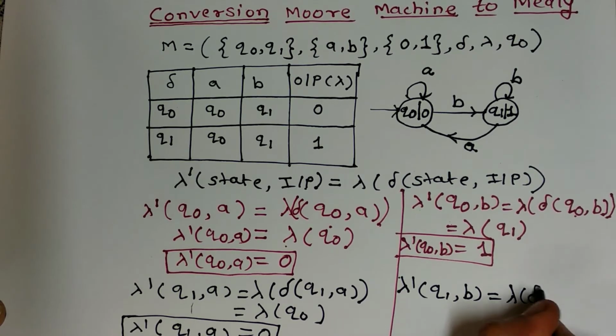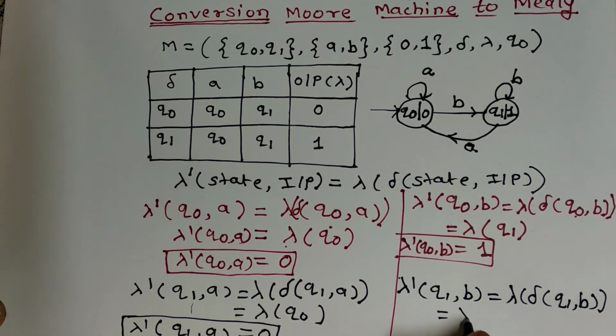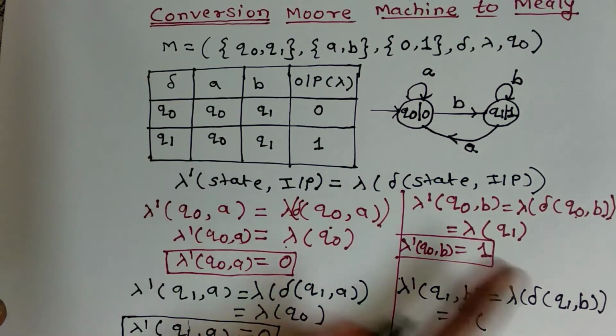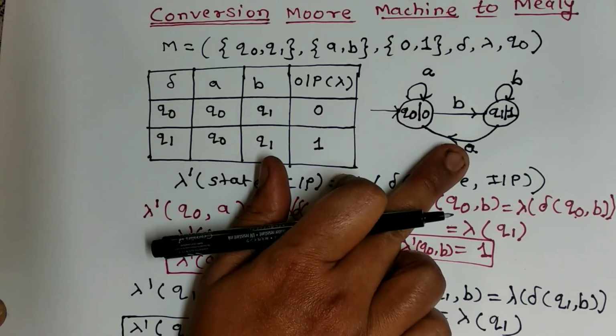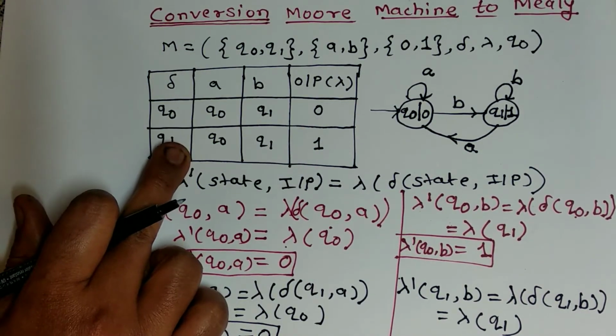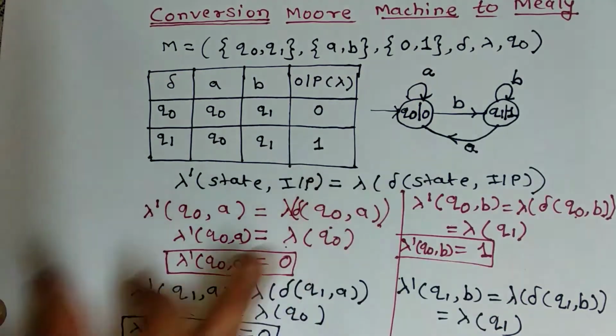Lambda of delta of q1 comma b. See, lambda of q1, b's delta is q1 by taking b goes to q1 itself. So you can refer this or that also. This diagram is drawn from the transition table itself, so you can pick these records or that records also.